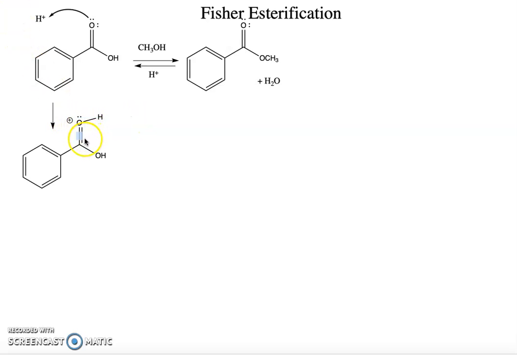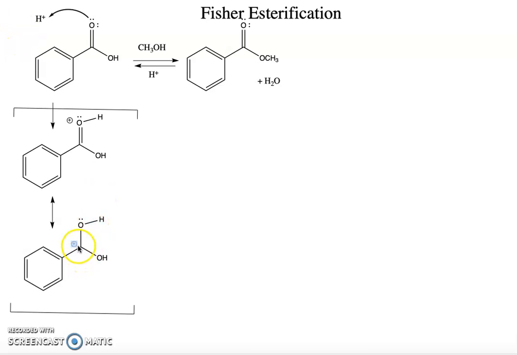Then we draw a resonance structure of this protonated acid where the electrons are on the oxygen and the positive charge is on the carbon. And since these are resonance structures, we need to make sure we use the proper arrow, and we need to make sure we designate it properly by putting brackets around our resonance structures. So we get this protonated carbon resonance structure.